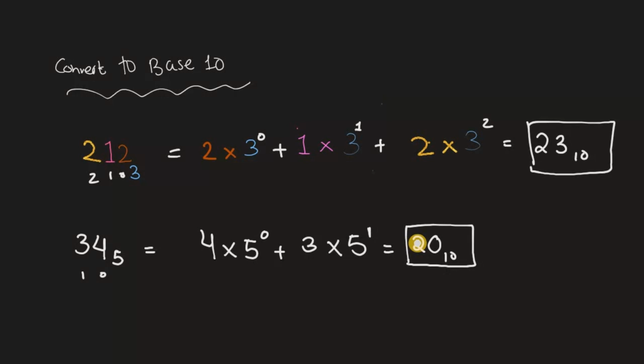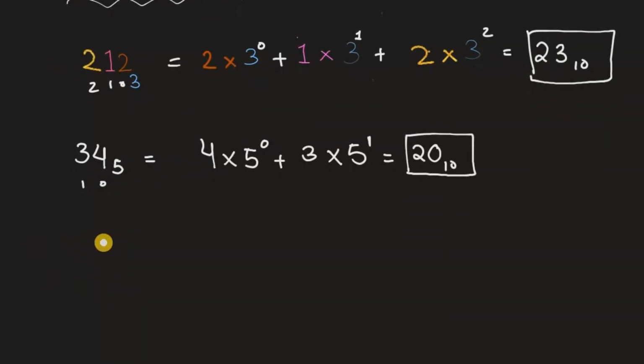Let's move on. Our next problem is 0xA2. You guys might be scratching your heads at this point, wondering what this is. Let me explain. When you have something written like this, it is in the form of hexadecimal.